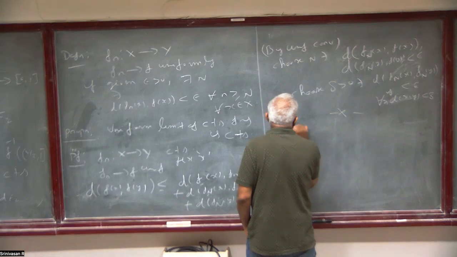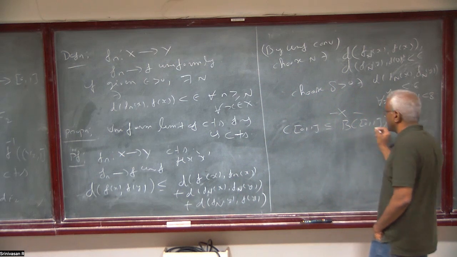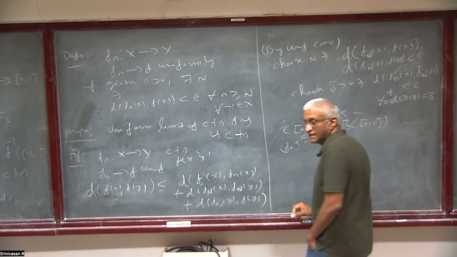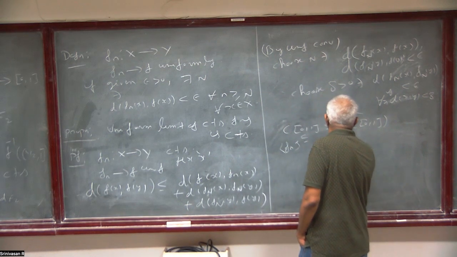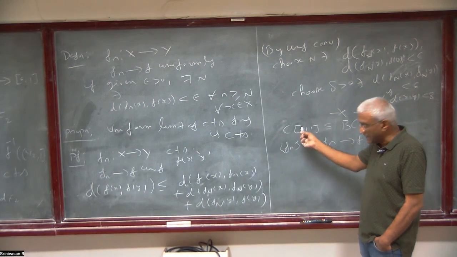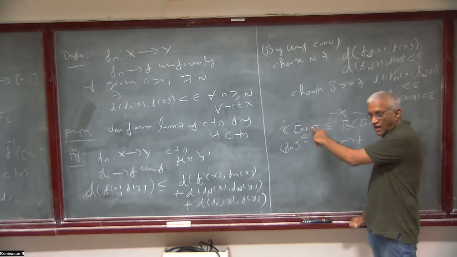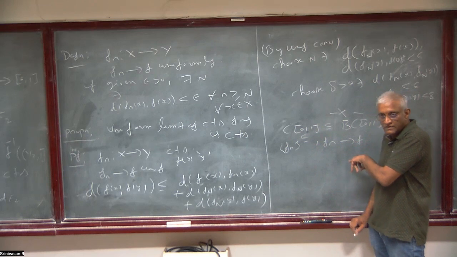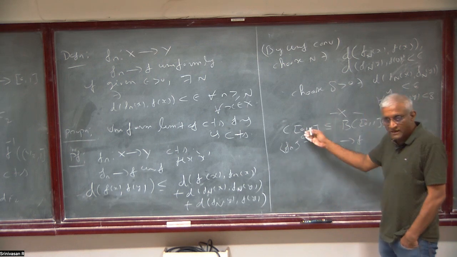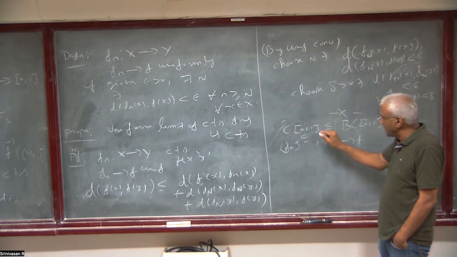You are asking why C[0,1] contained in B[0,1], the space of all bounded functions, is closed. To prove closed, what do you have to do? If you have f_n in this and f_n converges to f, then f should be here. The f_n are continuous, and they converge in the supremum norm, which means they converge uniformly. So f should be here because it's continuous.